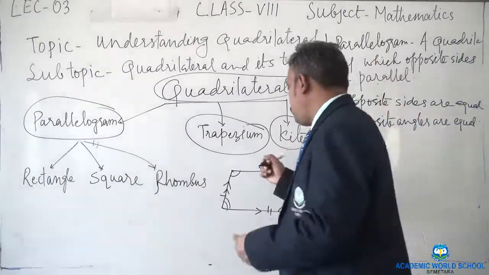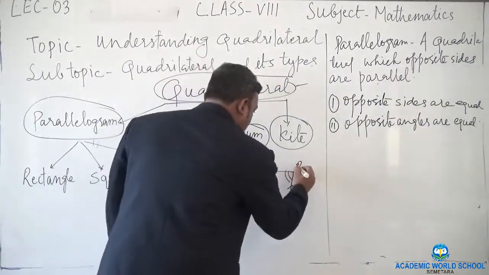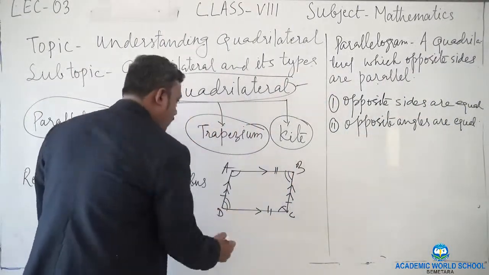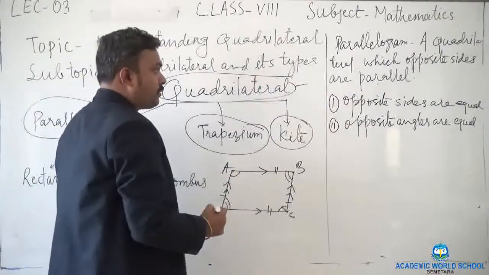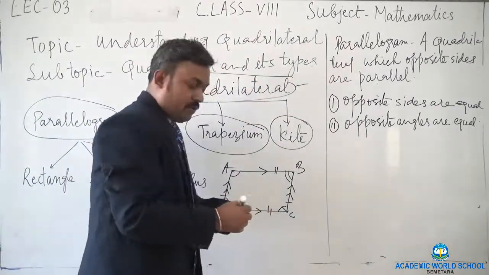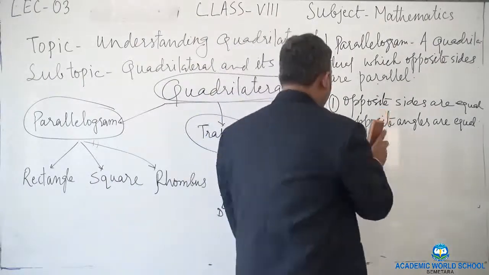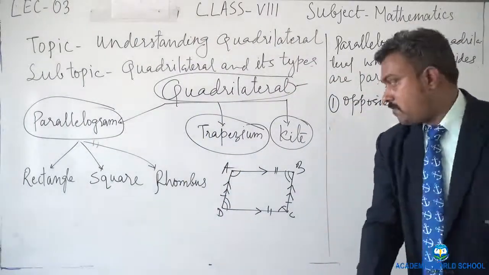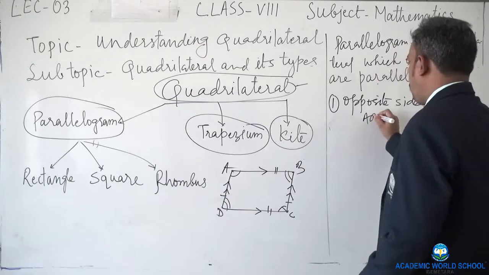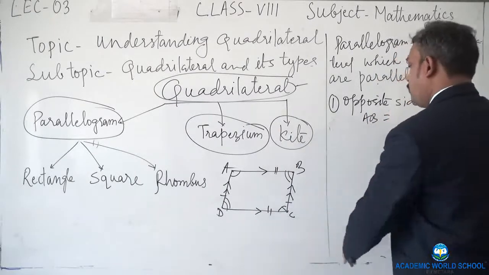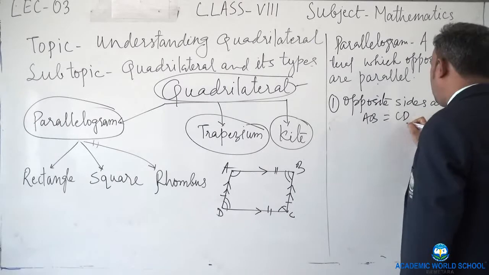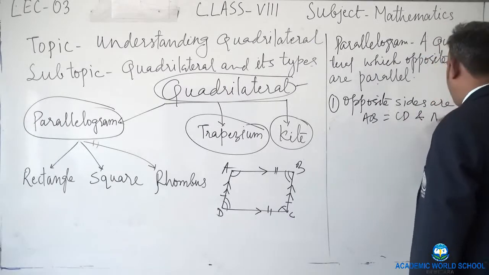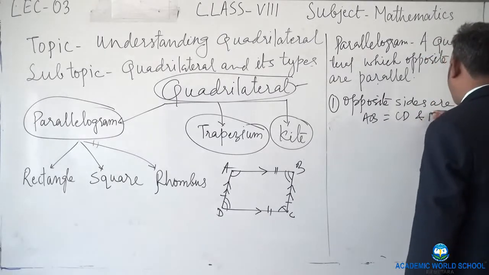Let's see, this parallelogram is ABCD. From the first property, AB will be equal to CD and BC will be equal to AD.